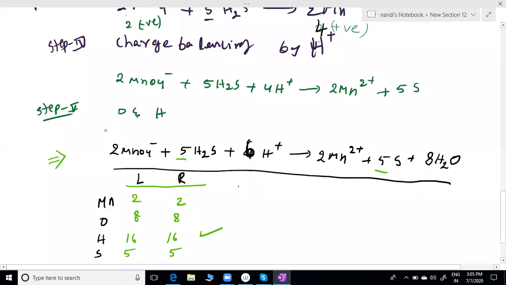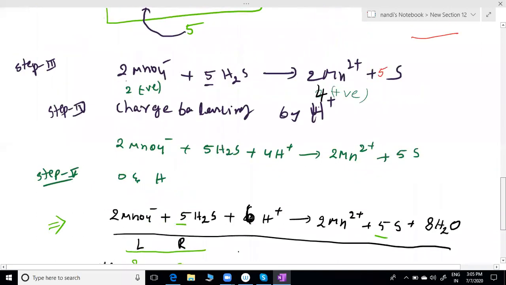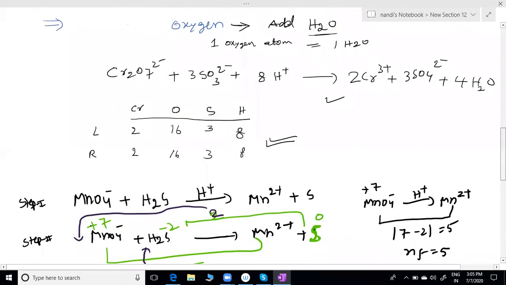Any doubt? I think we gave 2 examples. What have we done?